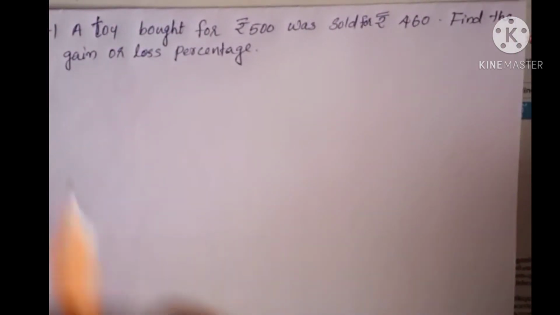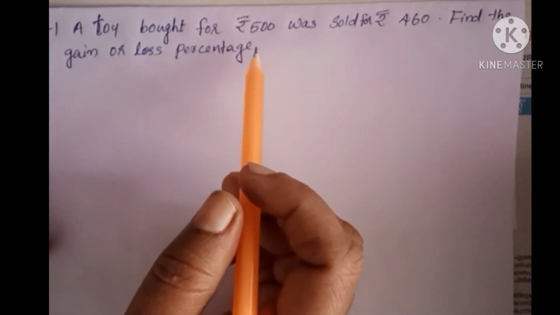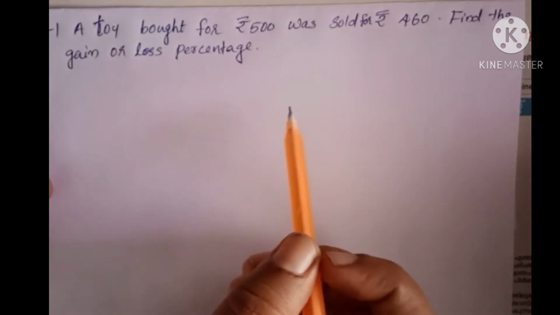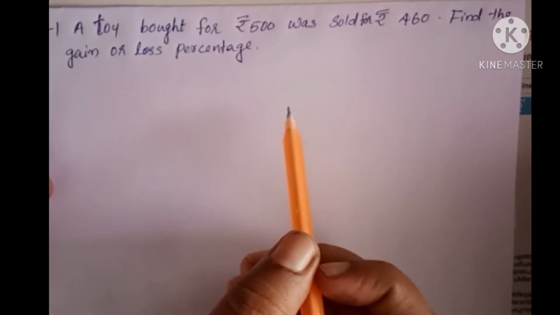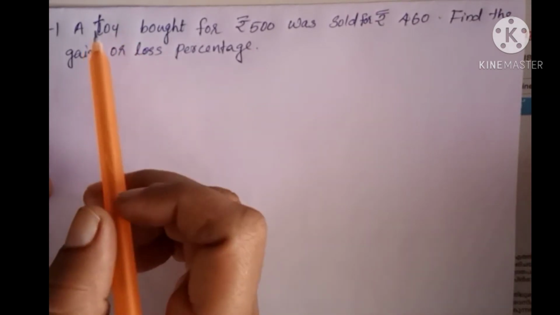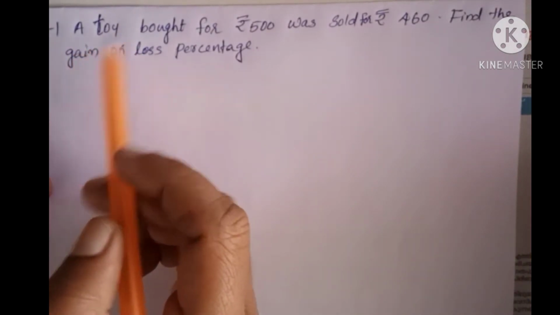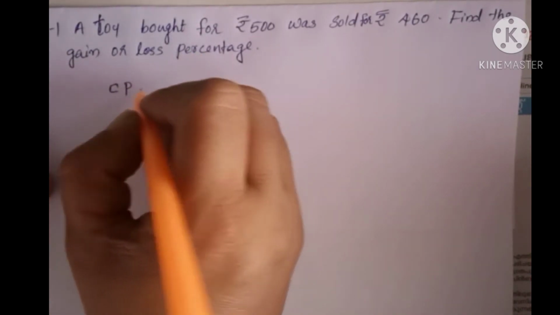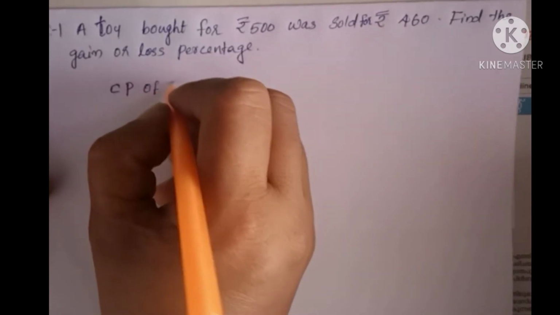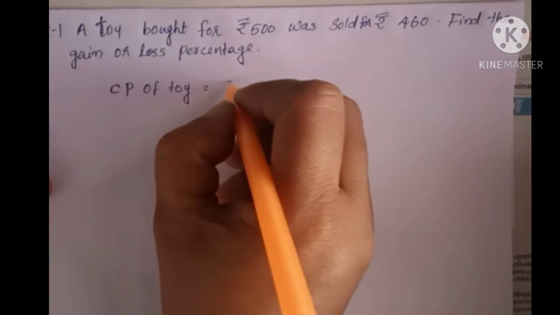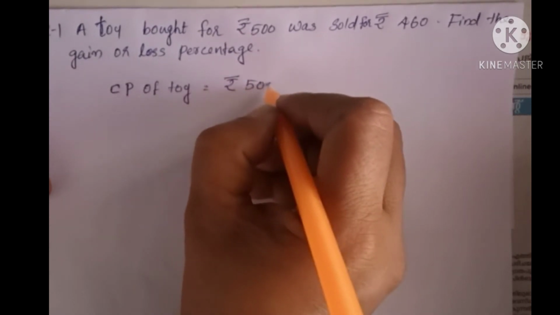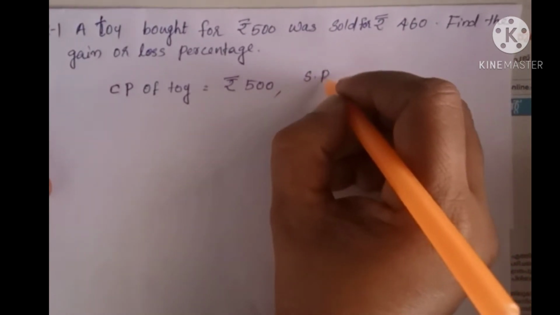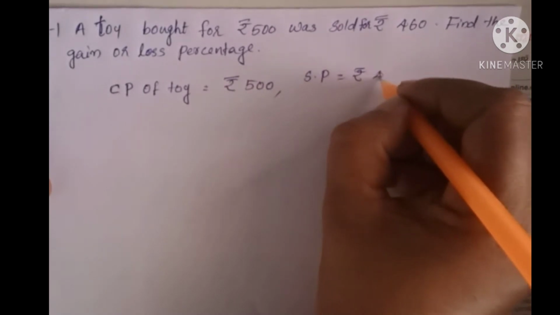Example 1. A toy bought for rupees 500 was sold for rupees 460. Find the gain or loss percentage. Here, the CP, cost price of the toy, equals rupees 500. SP, selling price, equals rupees 460.